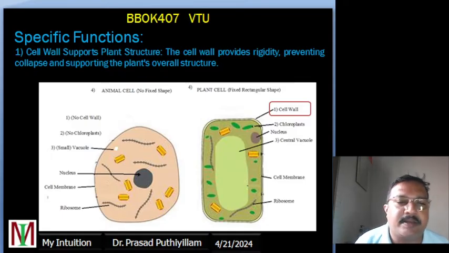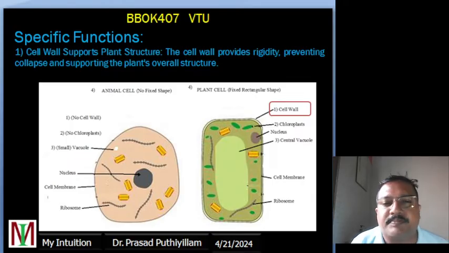The cell wall in plants provides support. It is made up of cellulose, as I already said. So it acts like a skeleton for the plant cell. It's very strong and rigid, and it prevents the cell from collapsing, as well as giving the plant its overall structure.